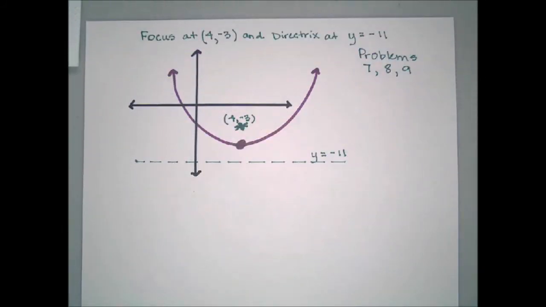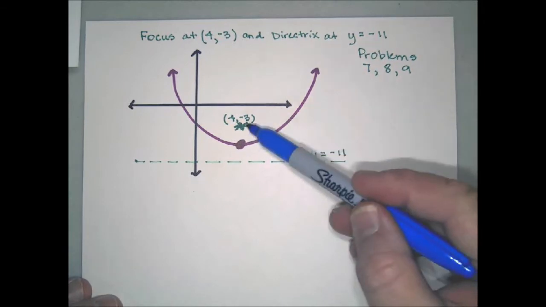This last example is going to help you guys tremendously with problems 7, 8, and 9. It's a different concept now because we're trying to write the equation of the parabola. In all the previous examples, we knew the equation of the parabola, and we were just sketching it to see some of its characteristics. Well, now we know some of its characteristics.